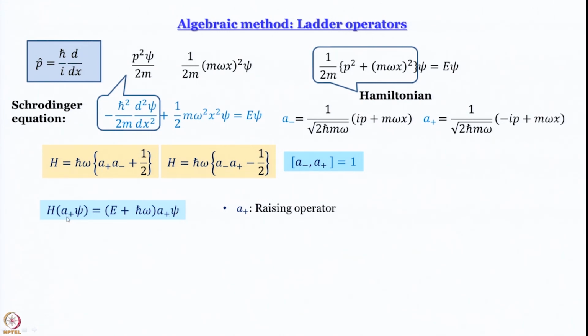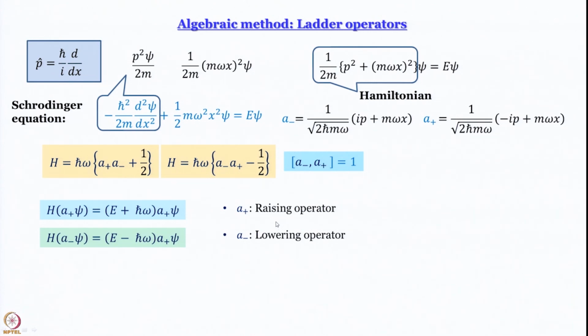So, when A plus operates on that wave function, the energy of the resultant wave function is increased by h cross omega, which is one vibrational quantum for this harmonic oscillator. That is why A plus is called a raising operator. It takes us up by one step in the energy ladder of the quantum harmonic oscillator.